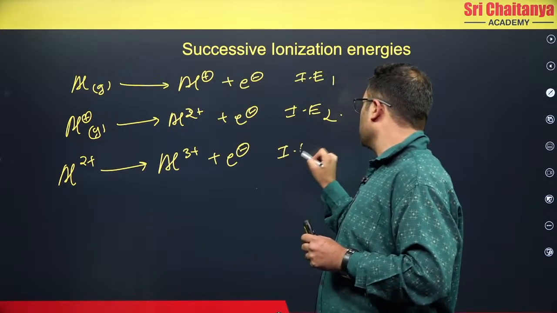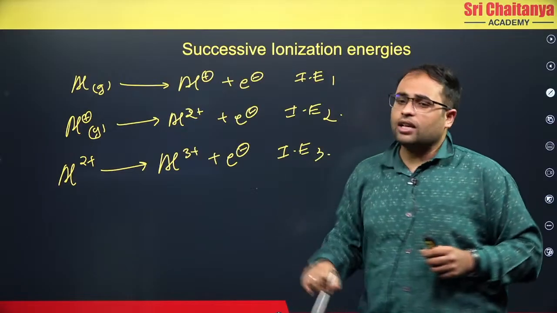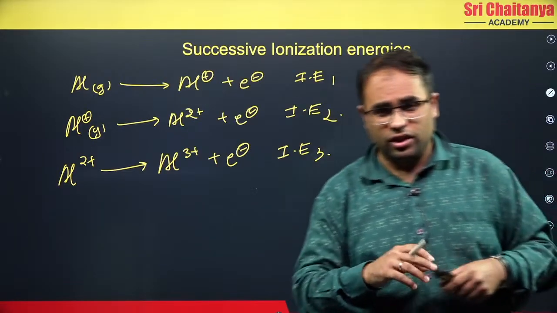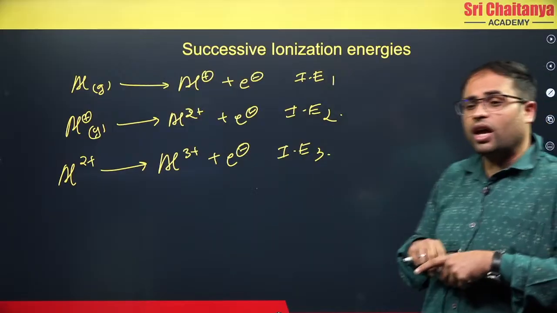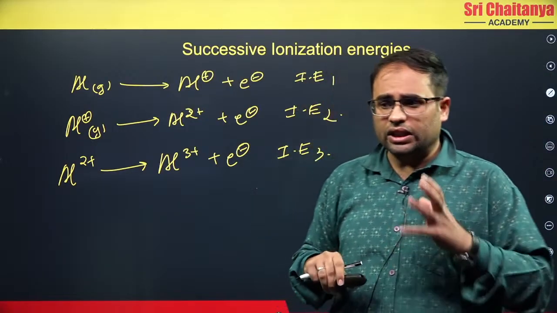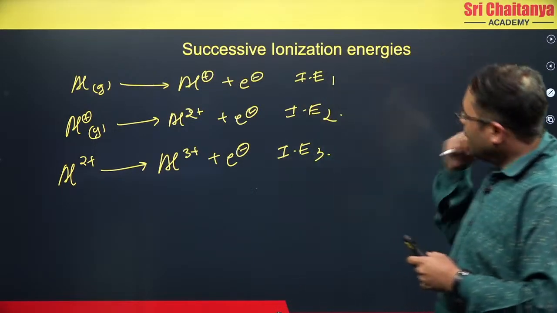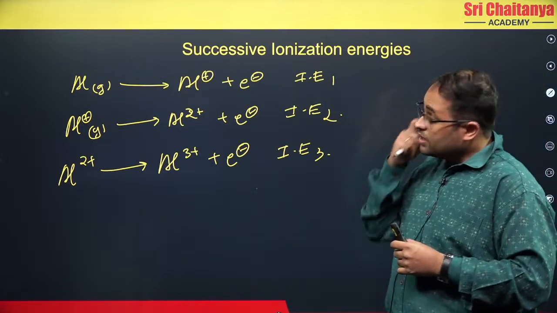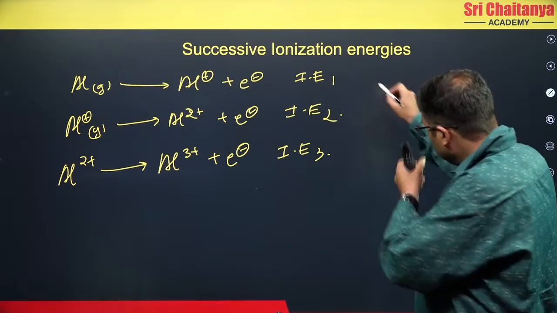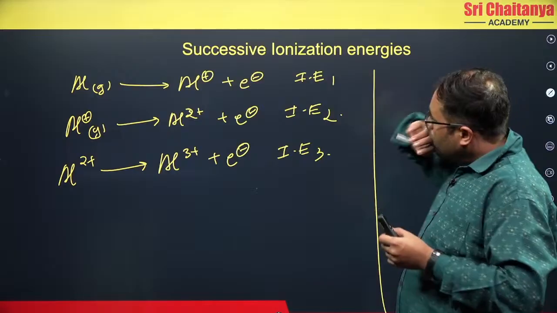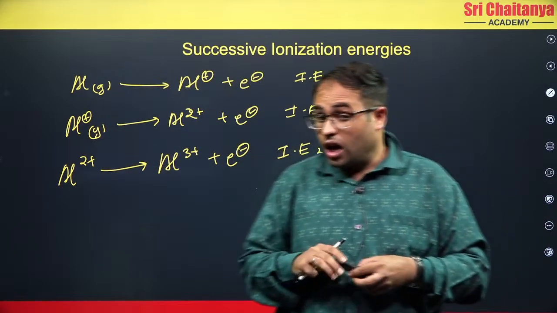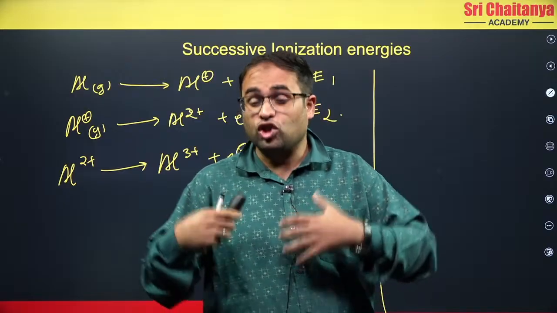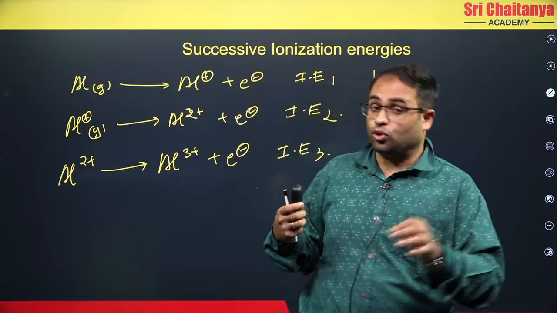Then aluminum 2 plus goes to aluminum 3 plus to lose another electron. This will be ionization energy 3. If I ask you the order of these ionization energies, these are called successive ionization energies, means one ionization energy after the other, right? So can you tell me the order of this? Understand that this positive and 2 plus means that nuclear charge is increasing much more than the negative electron charge.